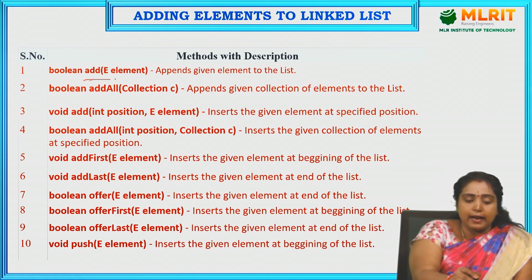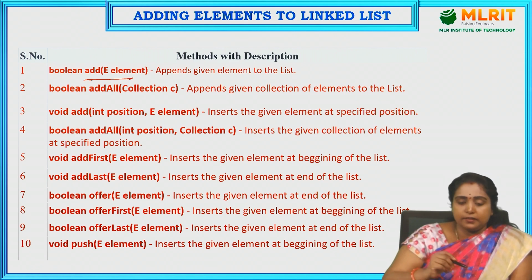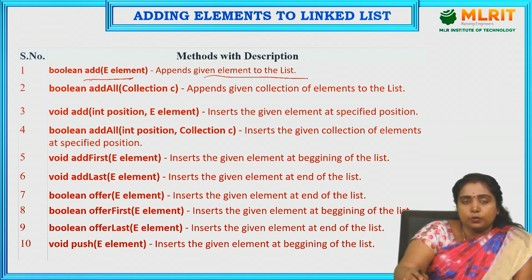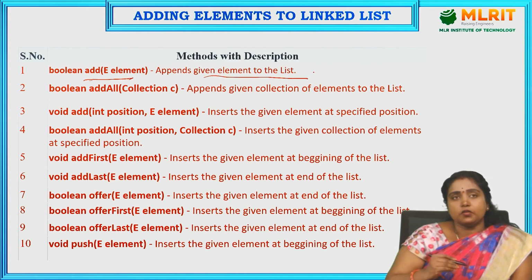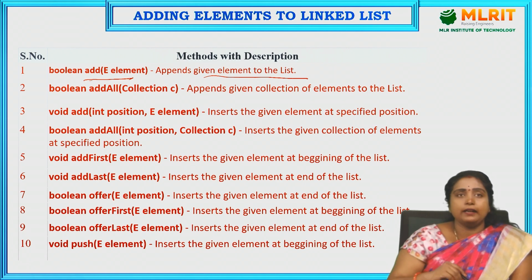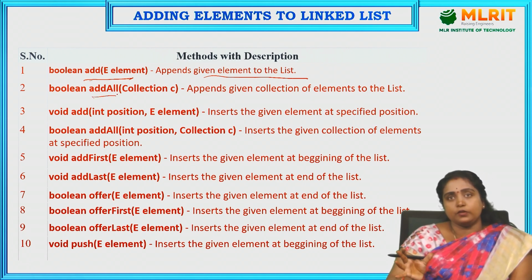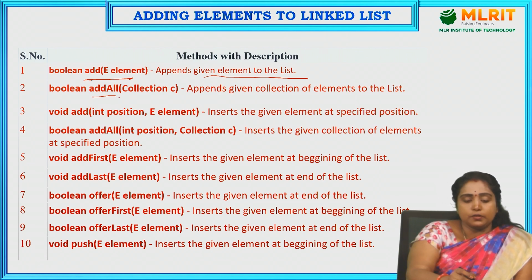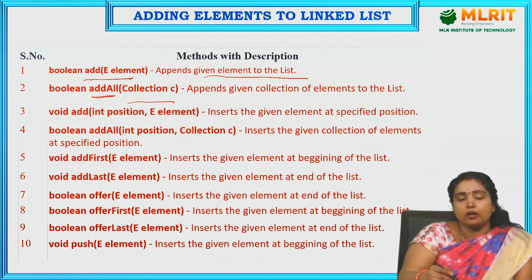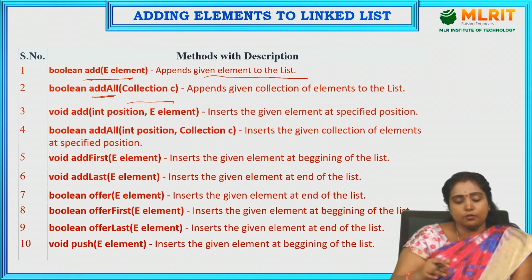First one is add. In order to add one element, it will append the given element to the list. So to add a single element, you can use add with an element. If I need some n number of elements to add to a list, you can use addAll. addAll is a method which is used to append a collection of elements to the linked list.